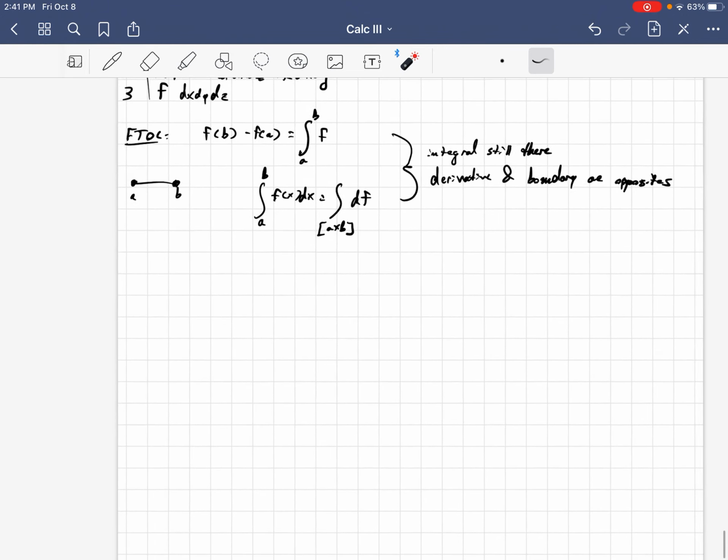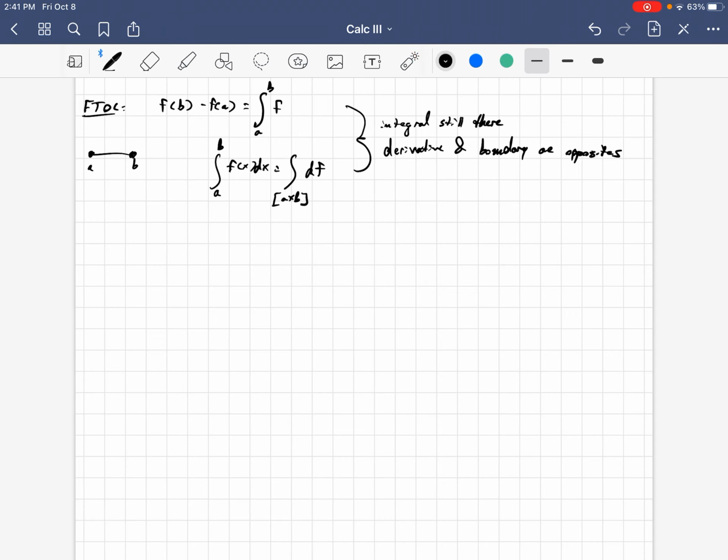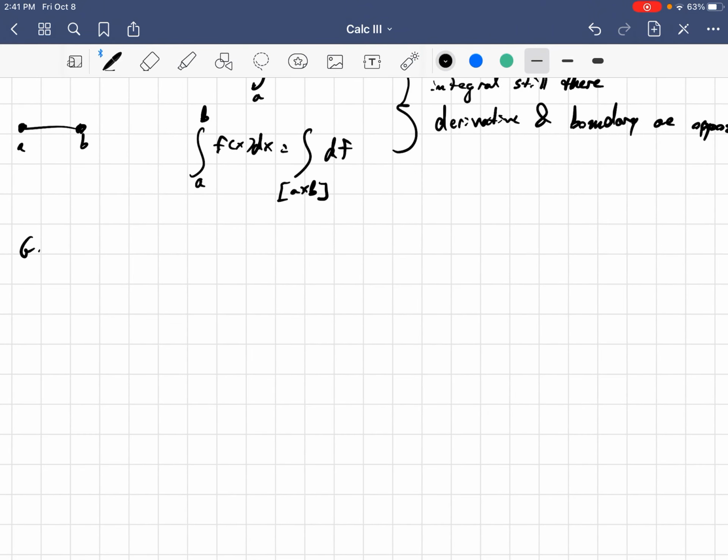So let's look at the case of Green's theorem. Now I'm not going to go through all the necessary conditions for Green's theorem to hold, but let's just assume that we're working with a vector field that's sufficiently nice.